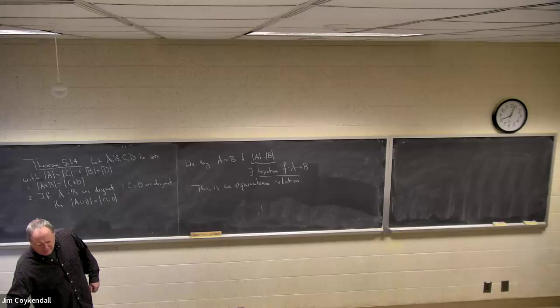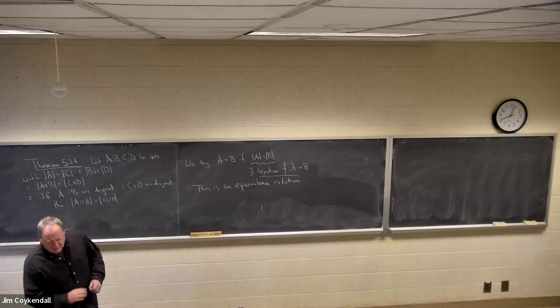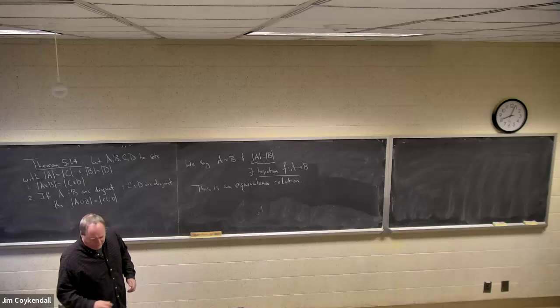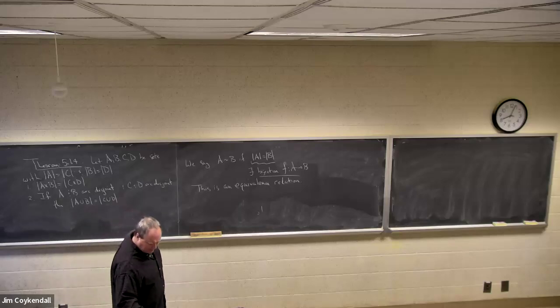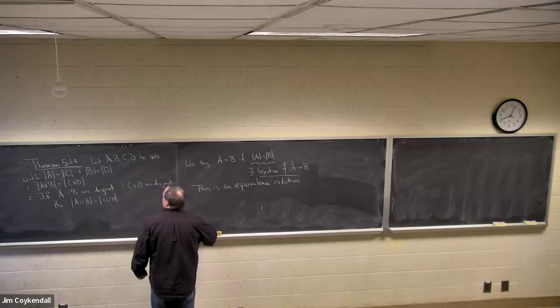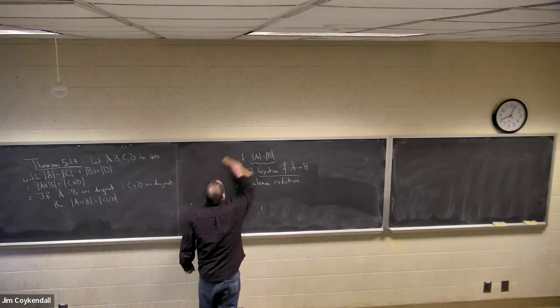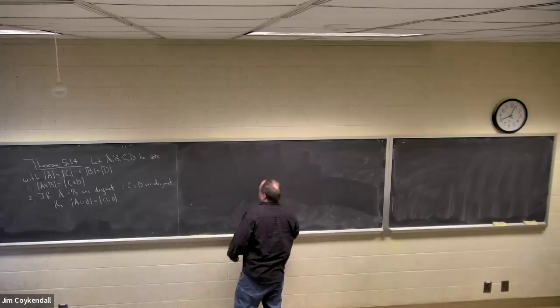That might be useful. I'll leave the proof of one for an exercise in the notes, but I want to do it here. It's worthwhile. How would we go about number one?